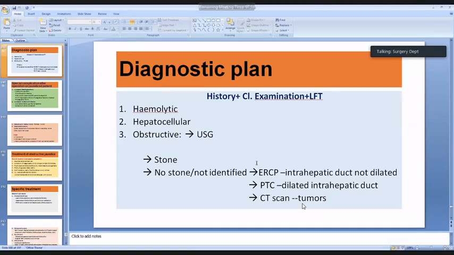In MRCP, they can tell the condition of the biliary tree and the cause of obstruction. And further, if the obstruction is in the lower part, we can do ERCP, or if the obstruction is in the upper part, we can do PTC. And ultimately, if it is a tumor, we can do a CT scan to evaluate the extent of the spread of the tumor.